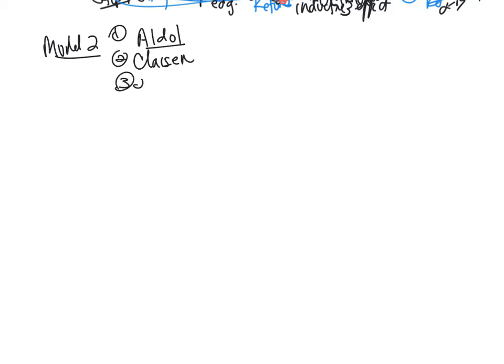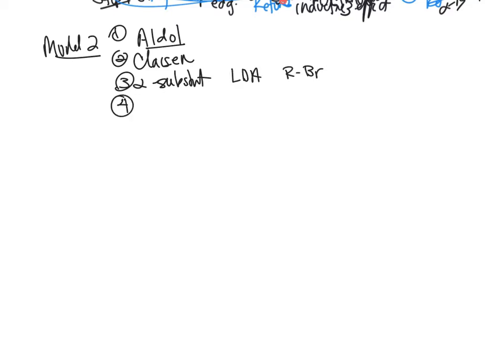We can do Model 2 today. Model 2 is another reaction, and so right now you should have an aldol reaction sheet. You should have Claisen. You also have alpha substitution. You did that with LDA and then an alkyl bromide.